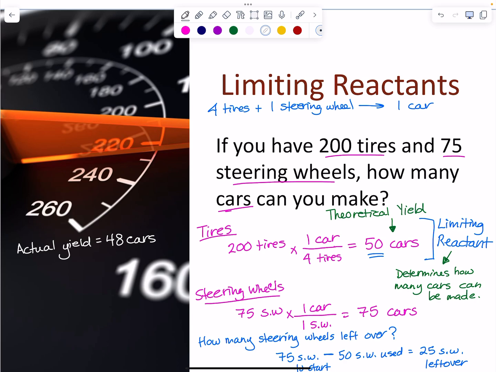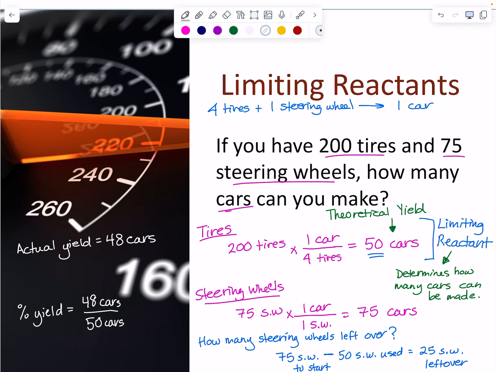And so what we call percent yield is the relationship between how much material I was actually able to collect at the end of my product, which would be my 48 cars, divided by how much could have been made given the starting material I had, which is 50 cars.